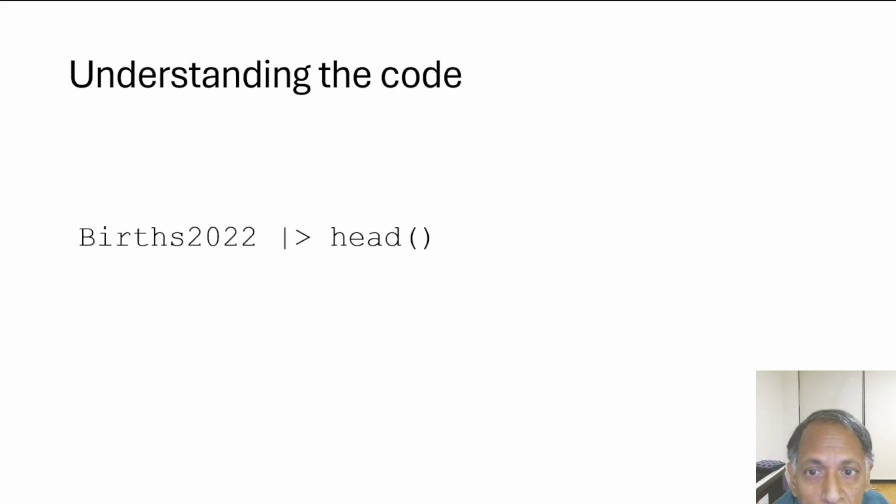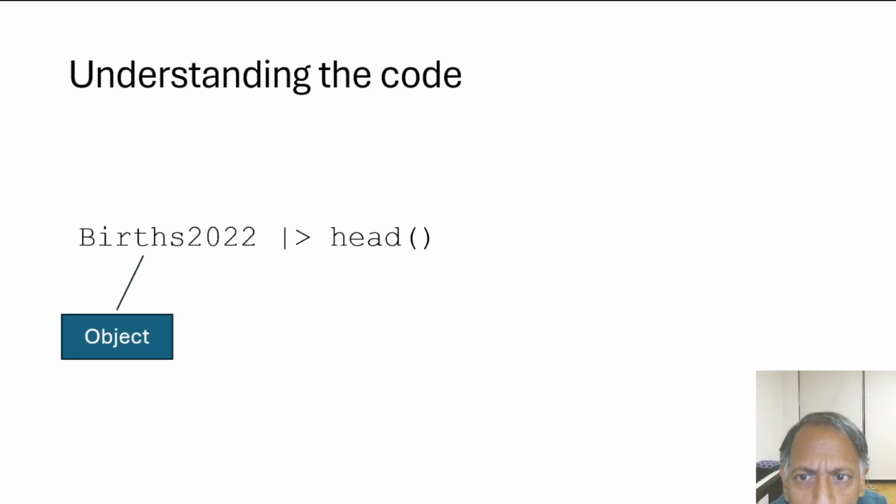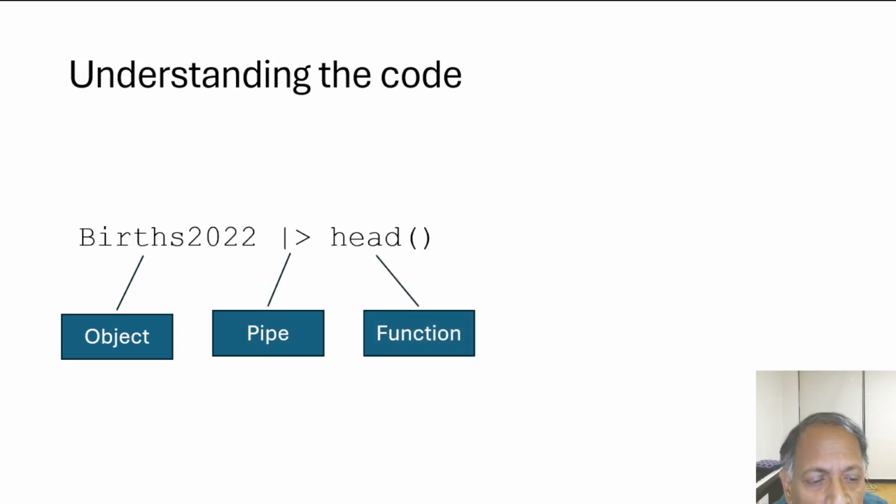So here if we say births 2022 and you use the pipe operator and give it to head, what you're really saying is, hey, head function, take births 2022 as an argument and give me back the result. So the object is births 2022. This is the pipe, and through the pipe we are giving it to the function called head, and the function called head gives back the results.